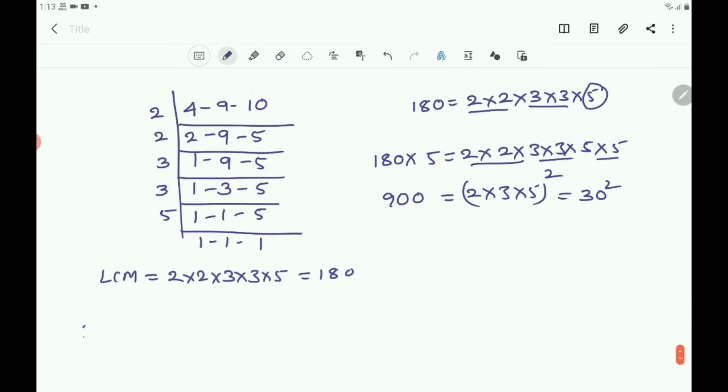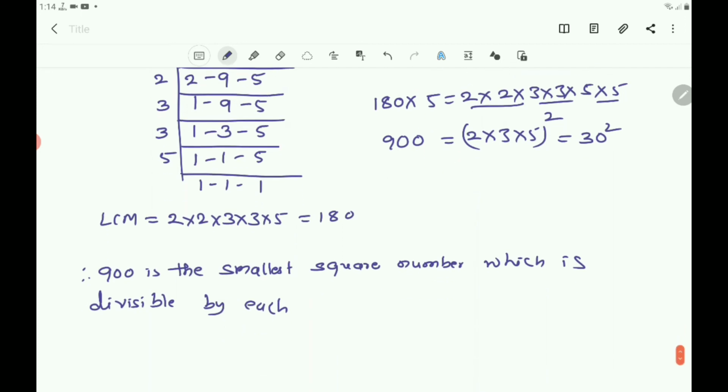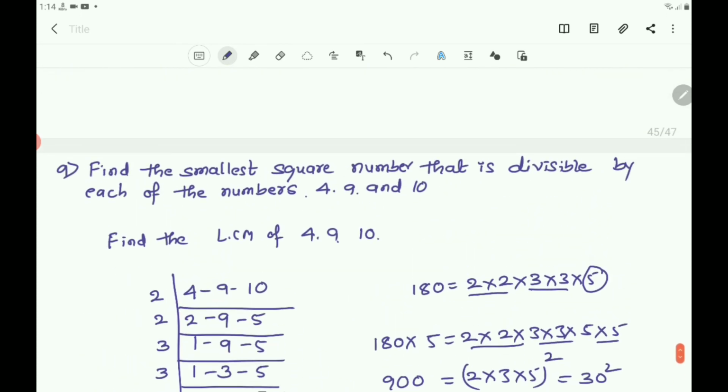Therefore you write the answer: 900 is the smallest square number which is divisible by each of 4, 9 and 10.